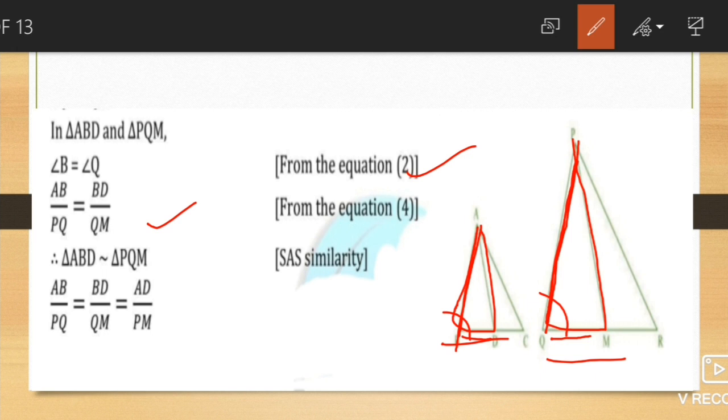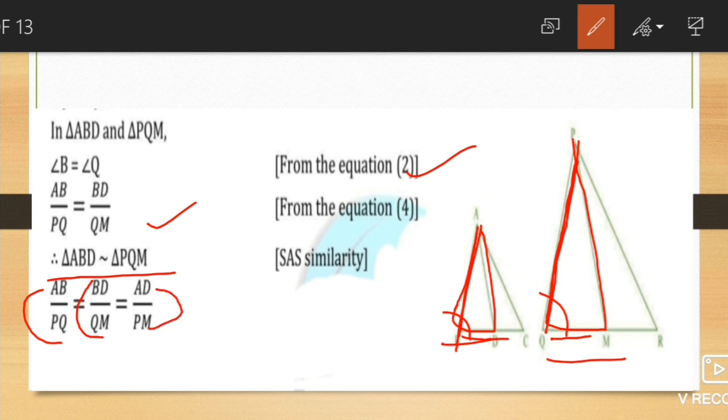That's why by using SAS similarity, you can say that triangle ABD is similar to triangle PQM. Now since ABD and PQM are similar triangles, the ratio of corresponding sides is also equal. So AB by PQ is equal to BD by QM is equal to AD by PM.